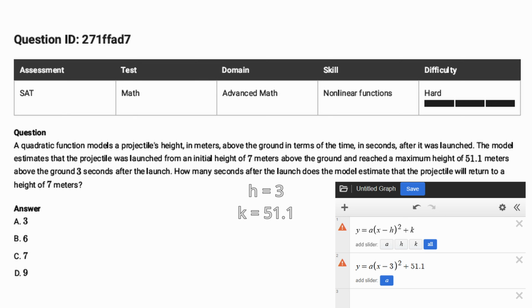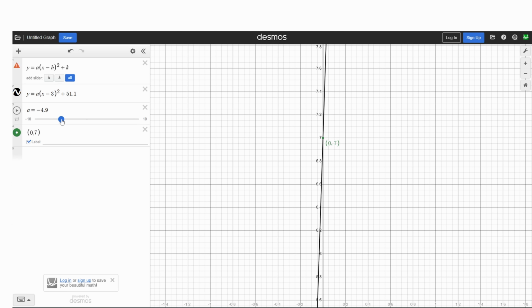Desmos will ask you, do you want a slider for a? And you do, because that's how we're going to find the answer to this question. So you make the slider, and then you drag the slider until you see the parabola passing through (0, 7). And you'll see that you don't even have to manipulate the spread of the slider or the steps or anything like that.